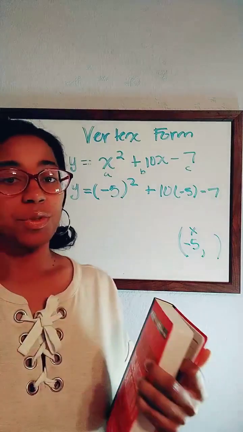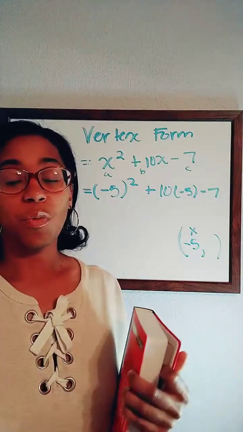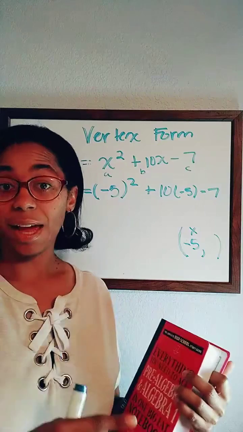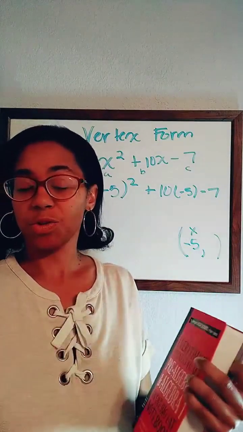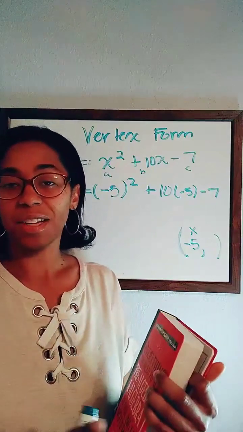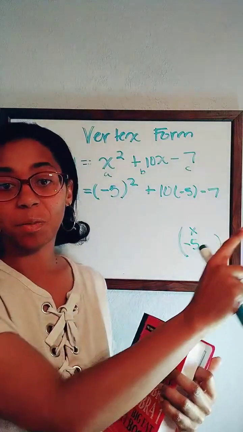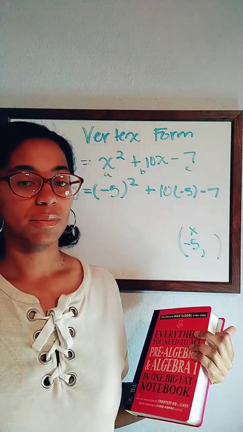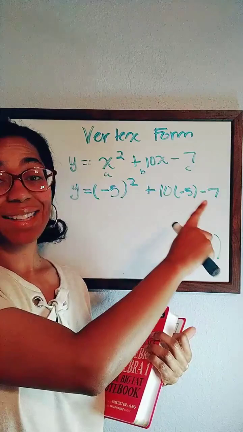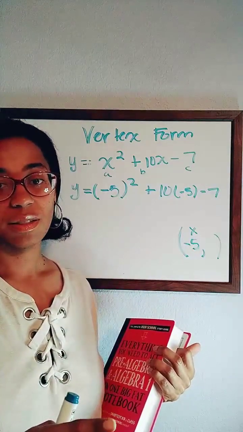But remember, we have two different formulas. That was only for when it was in vertex form with H and K. Now we're doing ABC. So we can't put those two formulas together. This is an ABC problem. That was an HK problem. So we have to keep them separate, because it was written a lot differently than this one was.